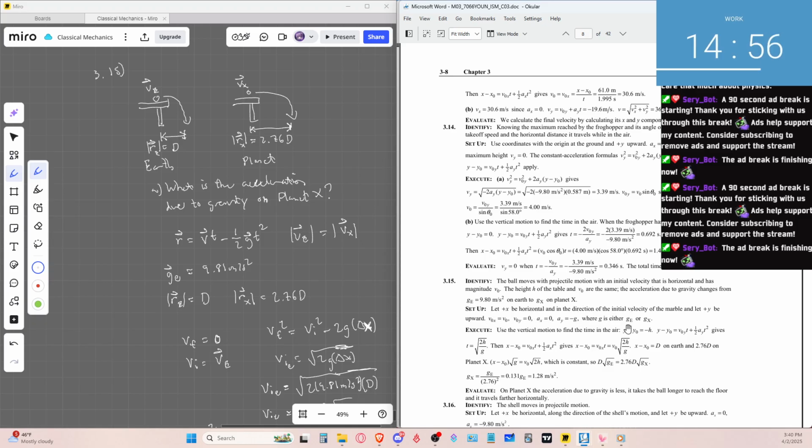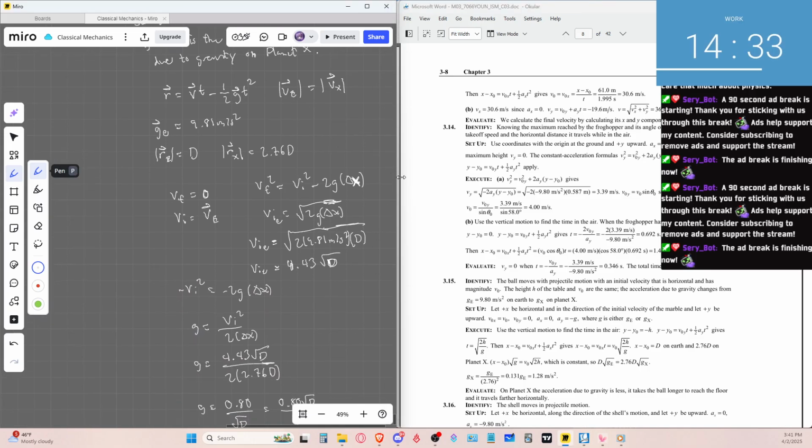So the setup, I see, using the vertical motion find the time in the air, minus H, gives, yeah, time for the height. Yeah, I think I mixed it up because basically I used the X coordinates, which I shouldn't have done.